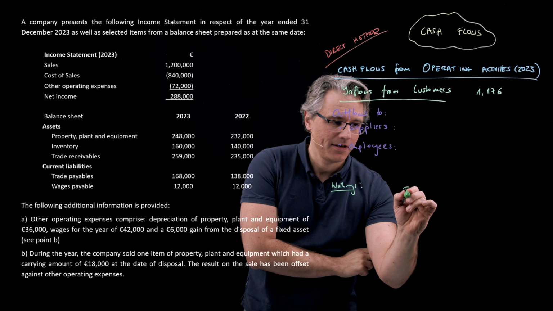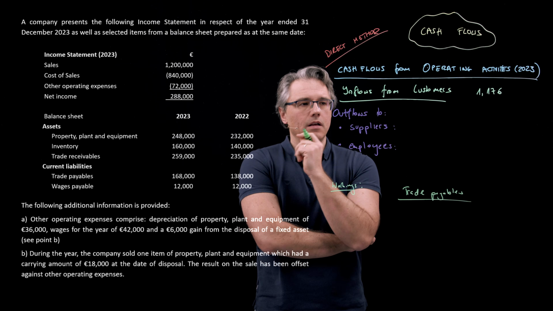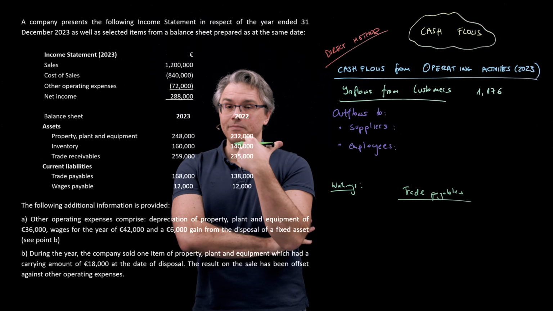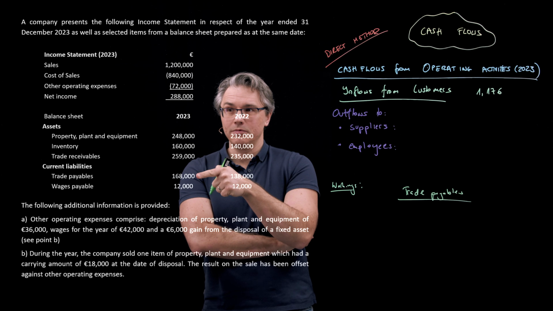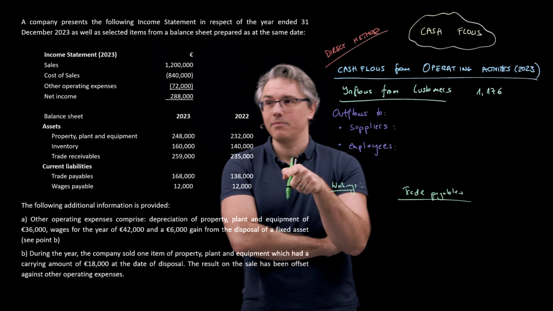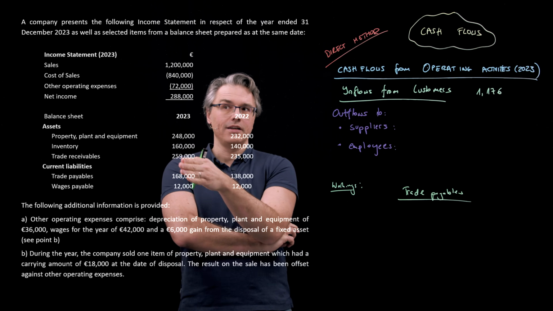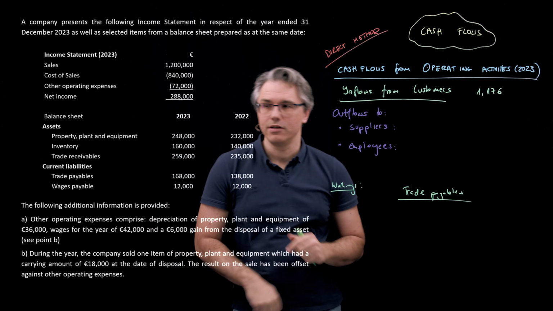So trade payables or accounts payable, and we do something similar to what we did in the previous video, meaning we compare what's happening to this account at the beginning of the year and at the end of the year, or respectively at the end of 2022 and end of 2023.